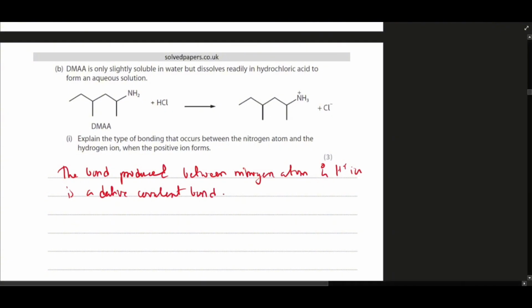Explain again how you came to the conclusion that it's a dative covalent bond. First of all, what are the conditions for producing a dative covalent bond? You require one of the atoms to have a lone pair of electrons so that it can donate to the other atom, which must have an empty orbital. These are the two conditions, isn't it? So here the nitrogen atom obviously has a lone pair of electrons, isn't it?